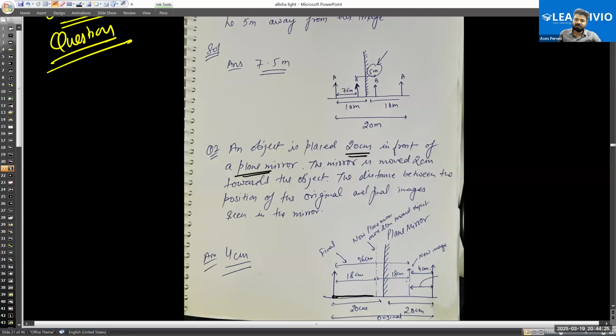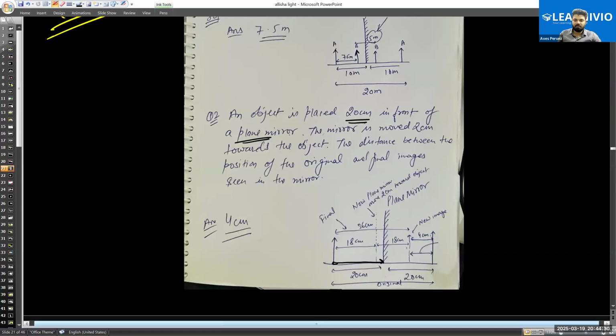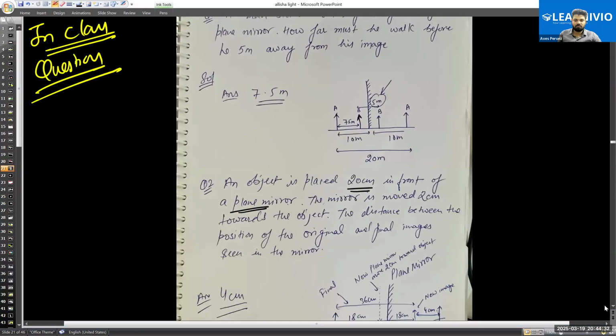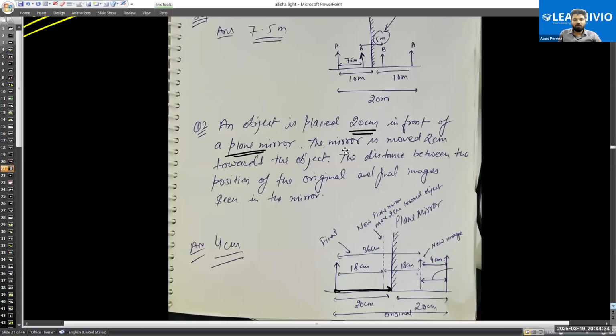Now it says the mirror is moved 2 centimeter towards the object. Now the mirror is moved, not the object. It asks for the distance between the position of the original and the final image seen in the mirror. Means what is it asking? It is asking for the original image.